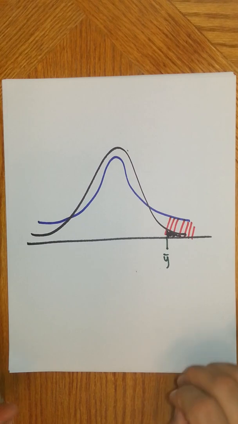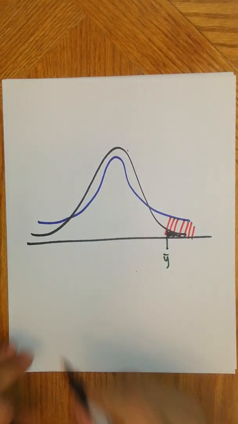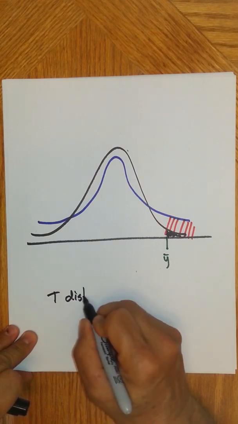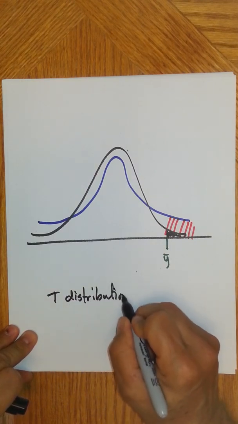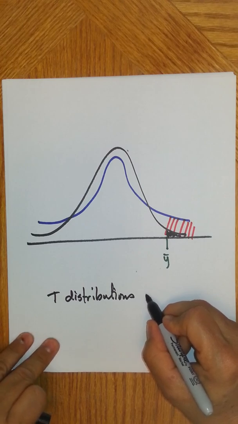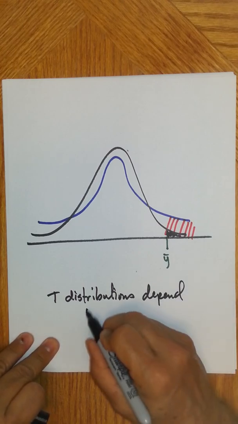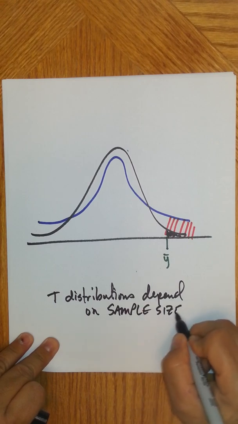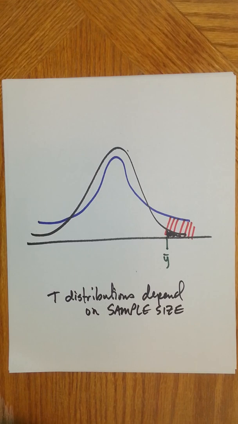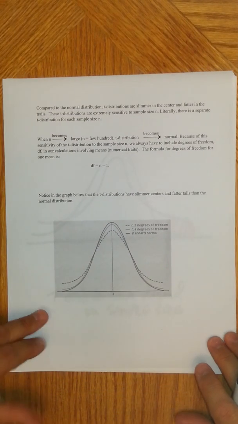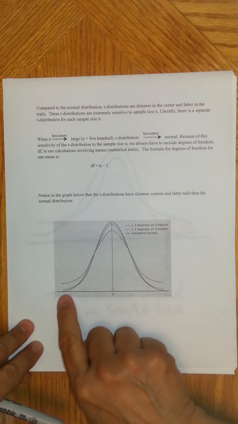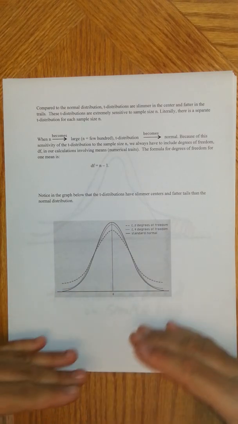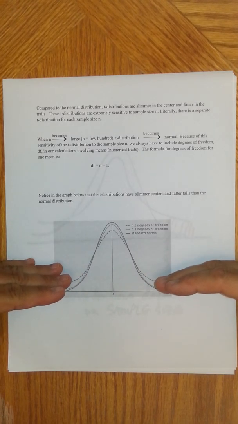And also there's a family of distributions. T-distributions are very sensitive to sample size. So what you'll have is something like this, where depending on the sample size, the tails will go up if the sample sizes are very small.